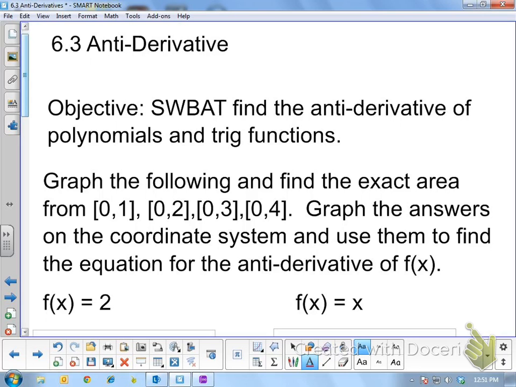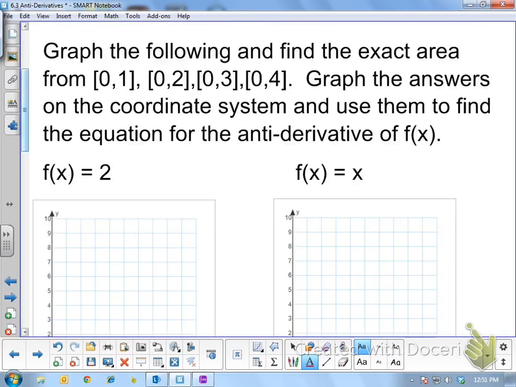we are going to talk about antiderivatives today, of polynomials and antiderivatives of some of our trig functions. So if you look at the bottom, you can rewrite it and put it in your notes. We're going to graph the following and find the exact area from 0 to 1.